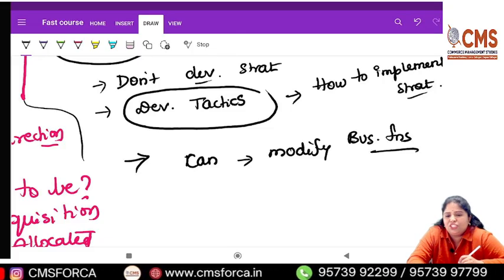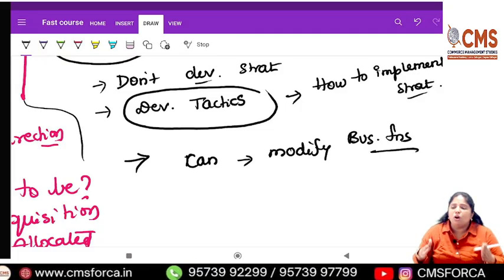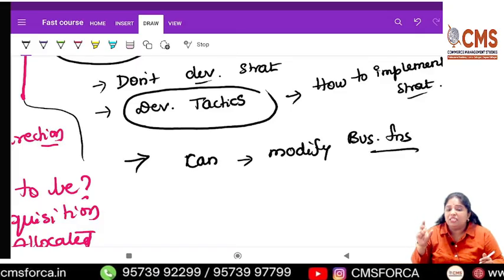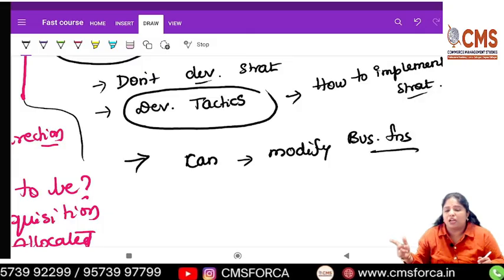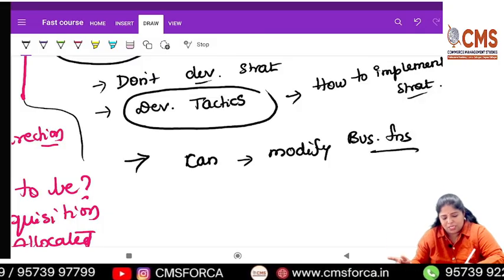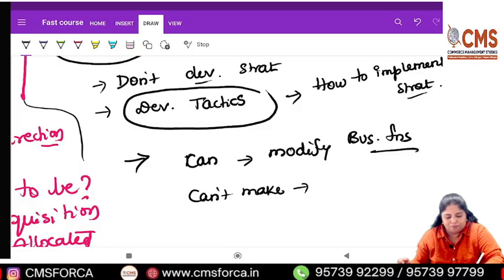Those daily operations and daily targets they can modify, but they are not allowed to make any fundamental changes. Those fundamental changes lie under the control of top level managers. So they can't make fundamental changes.